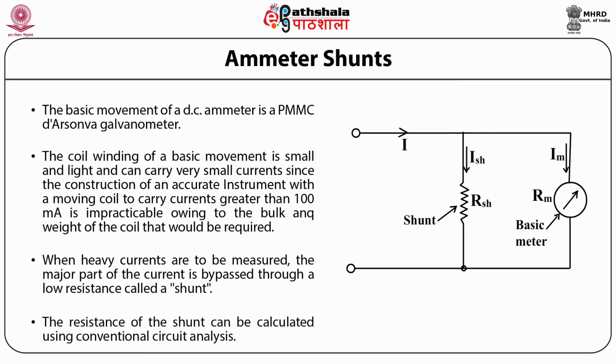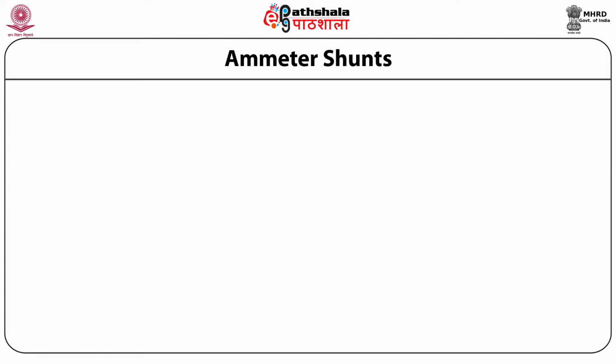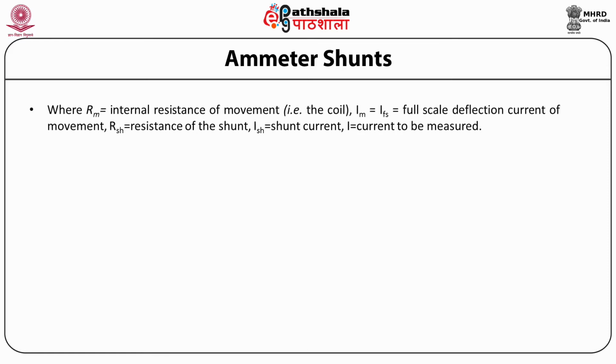The resistance of the shunt can be calculated using conventional circuit analysis. Looking at figure 1 in the previous slide, let us define the various terms used. Rm is the internal resistance of the movement, that is the coil. Im is equal to Ifs, which is equal to the full scale deflection current of the movement.